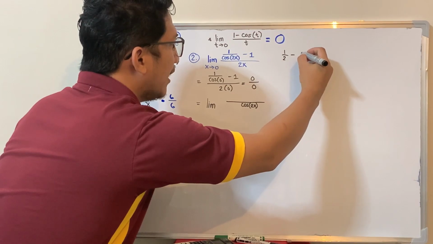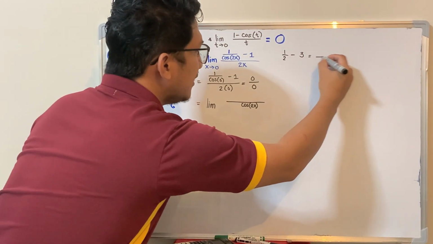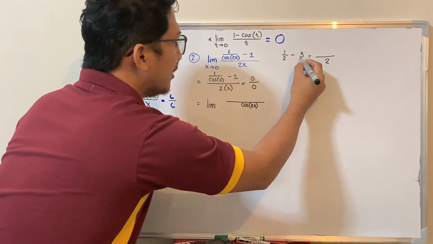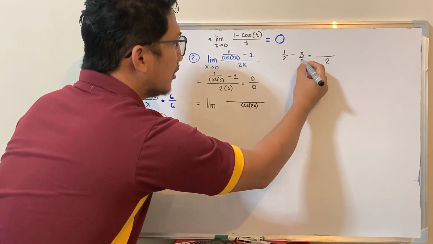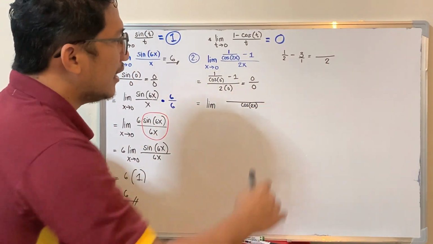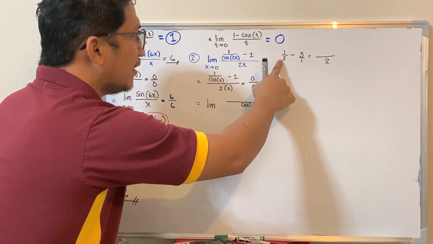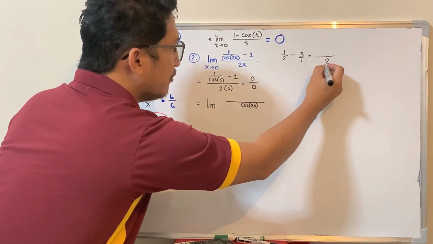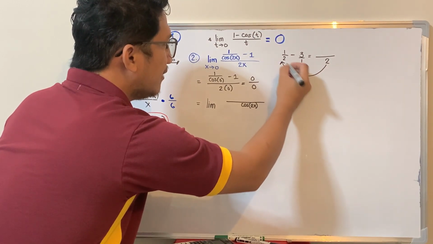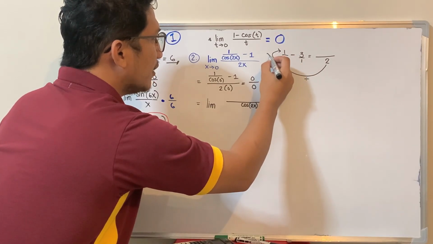Kung mag-subtract ka ng 1/2 and 3, for example, imong buhaton is ang LCD is 2, because understood man siya nga 3 over 1. Next mong buhaton, i-divide mo ang LCD sa denominator, and then i-multiply sa numerator. What we do is this: we divide, whatever the result is, we multiply.